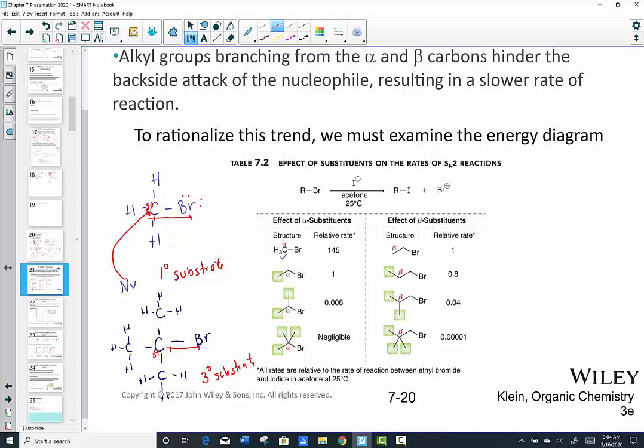You notice how this carbon in the center, which is our target, is unhindered in a methyl group, but it's very sterically hindered with a tertiary substrate.